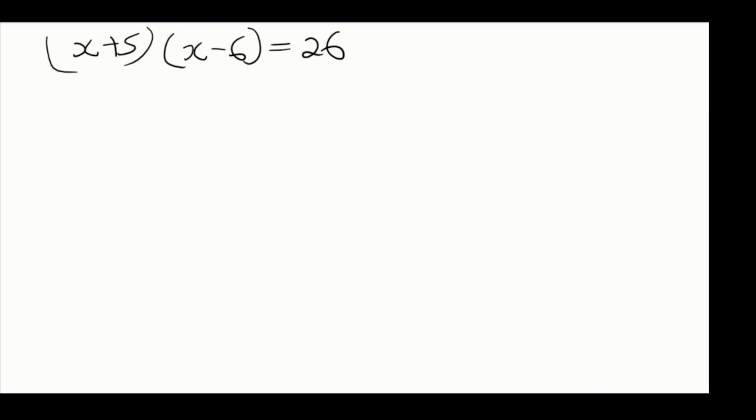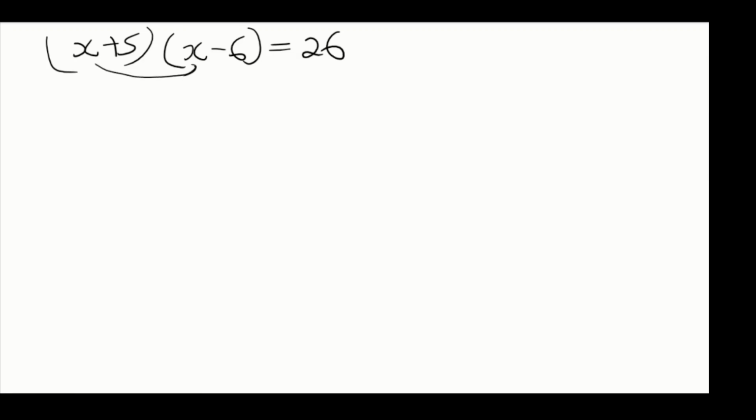To solve this problem, we need to first apply our FOIL method.